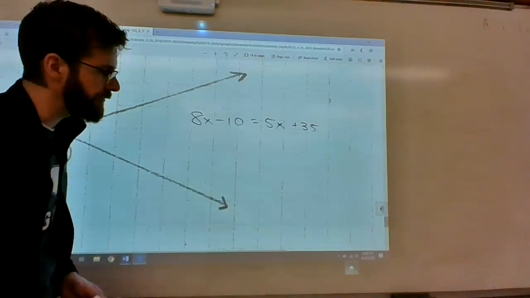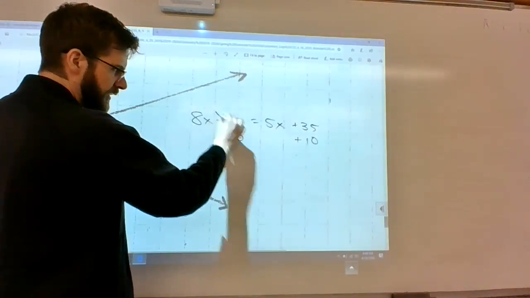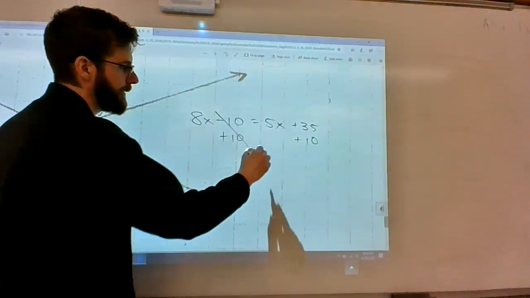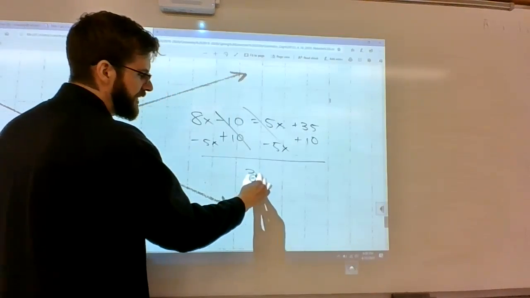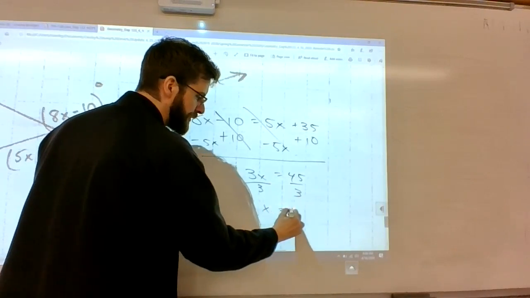All right, get x by itself. Add the 10 over here. Now, if I get rid of a constant on the left, I want to get rid of the x on the right. So you get 3x equals 45. Divide by 3. X equals 15.